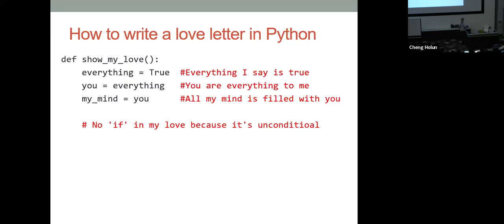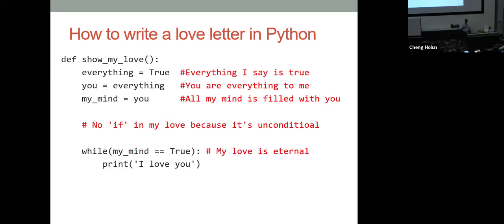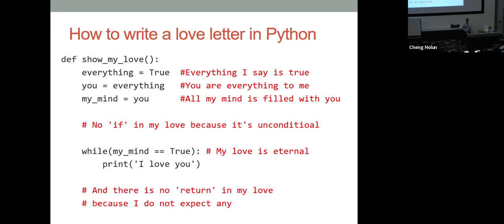I didn't give a conditional statement in my code because my love for you is unconditional. My love will be trapped in an eternal loop, an infinite loop that is forever. And lastly, I didn't put a return because I didn't ask for any.